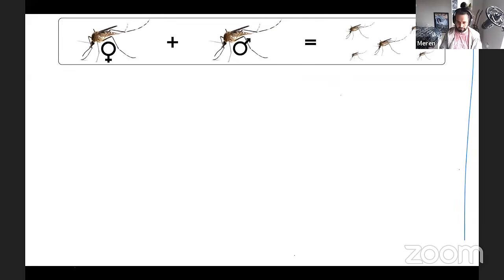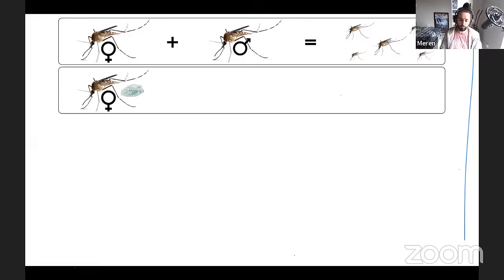Well, this is how things go in nature. We know that. Wolbachia is not essential for the survival of the mosquito itself. But you will see how it becomes relevant for the population size of the mosquito, and how the ecology of Wolbachia is partially defined by the ecology of these mosquitoes.